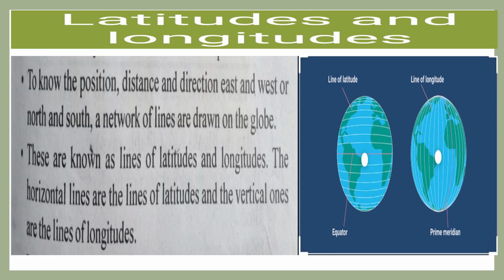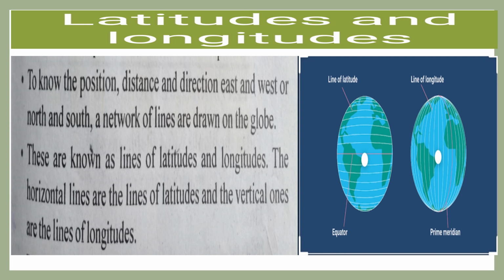Next, latitudes and longitudes. How do we understand the location of a place, direction and distance between the places? The earth is spherical in shape, round in shape, and therefore it is very difficult to locate the places, the directions and also to calculate the distance between the places.